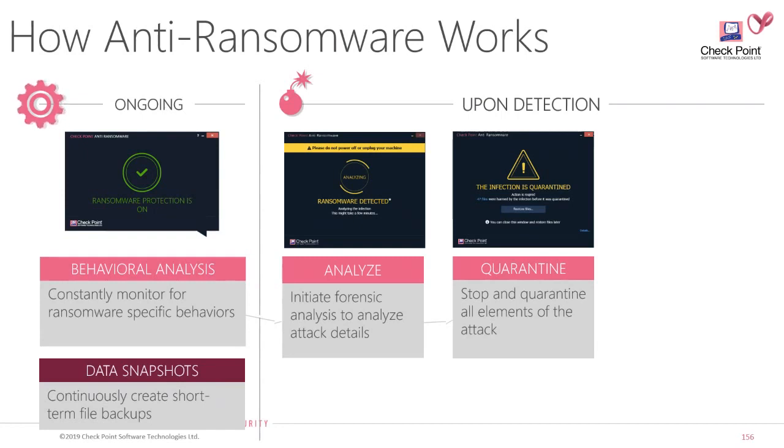And upon detection, if some ransomware is detected, it will be sent for forensic analysis in the EDR solution, and it will be quarantined immediately. And we have some backup procedure also.